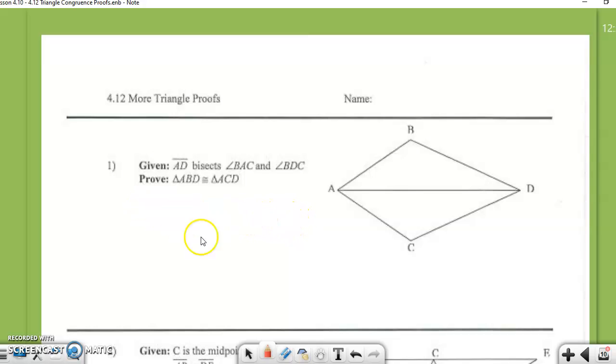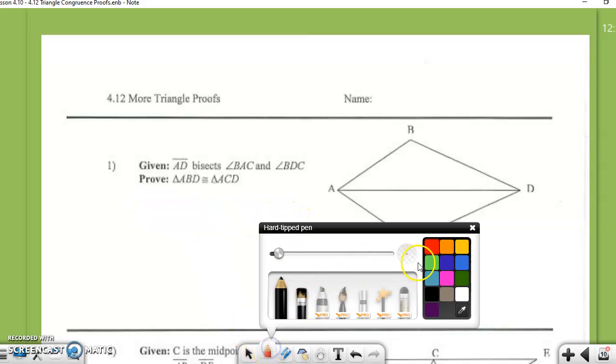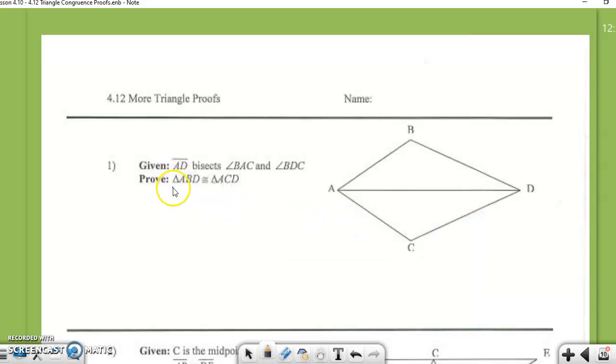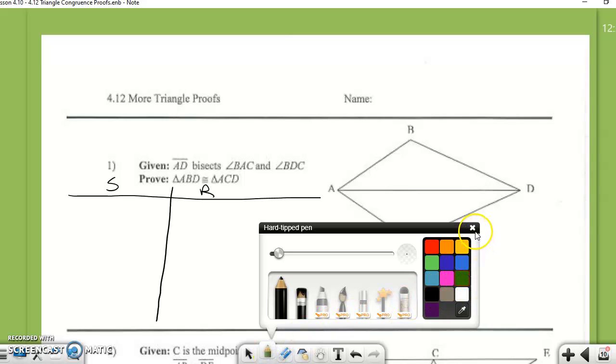Okay, with these, it's going to be a little bit shorter, hopefully. I'm just going to draw in my little T-chart. Statements and reasons. And let's start thinking about working through this.